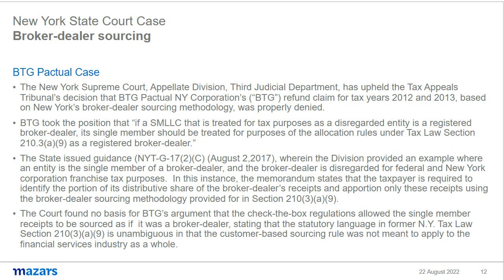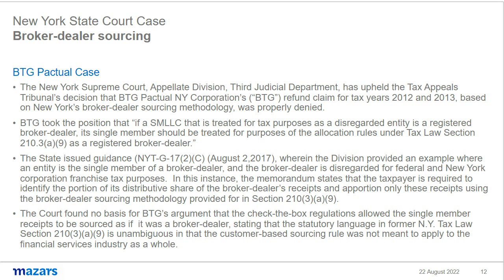another case where a refund claim was filed, in this case for 2012 and 2013, and these were years prior to the 2015 tax reform, where there was customer-based apportionment only for specific industries, which included in those years broker-dealers. So broker-dealers were allowed to apportion income based on where the customer is located rather than where services were rendered.